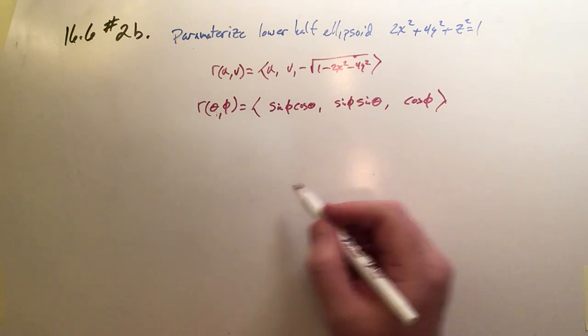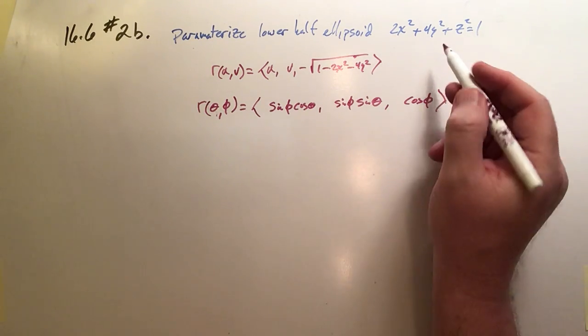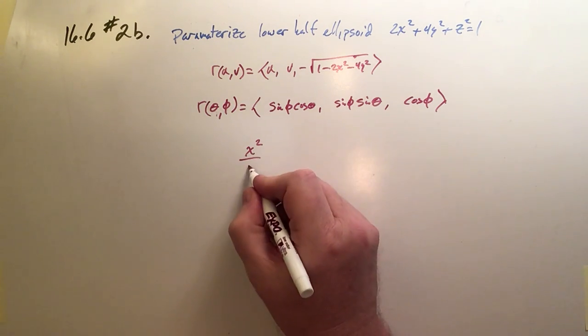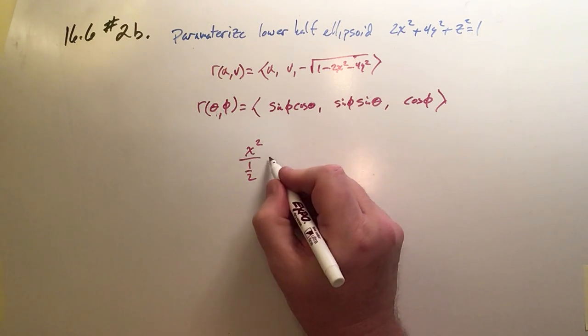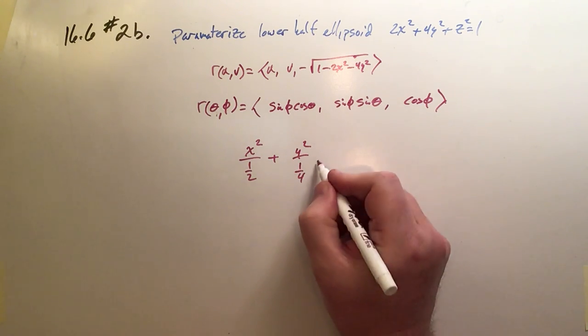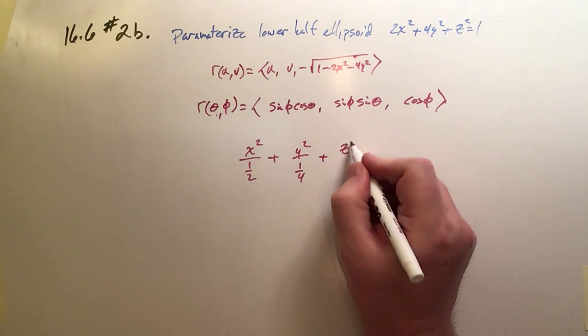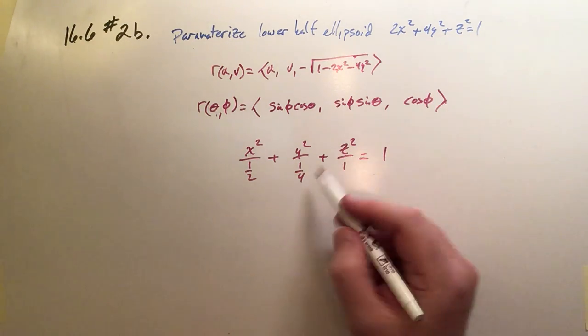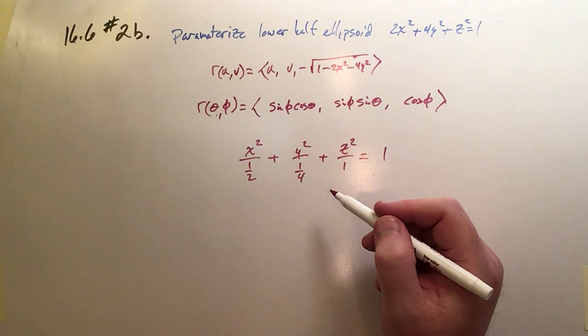I can fix that. So if we rewrite this ellipsoid as x squared over 1/2 plus y squared over 1/4 plus z squared over 1 equals 1. And all I've done is rewritten it, so the coefficients are now in the denominator, inversed.